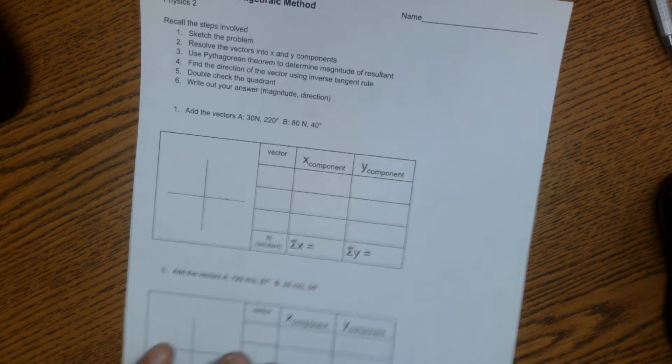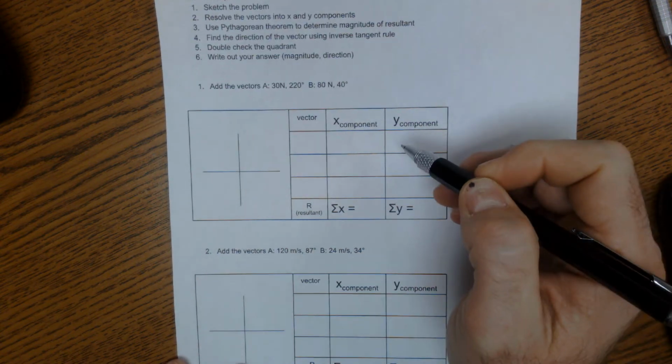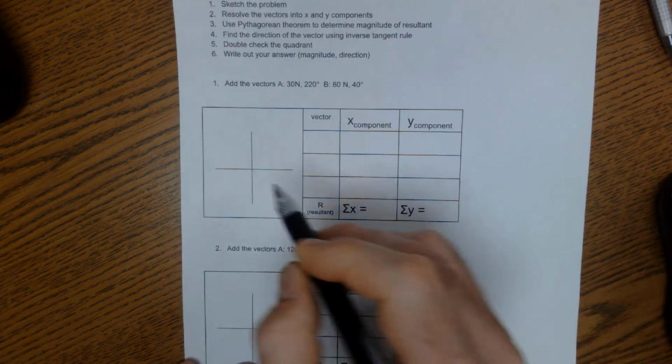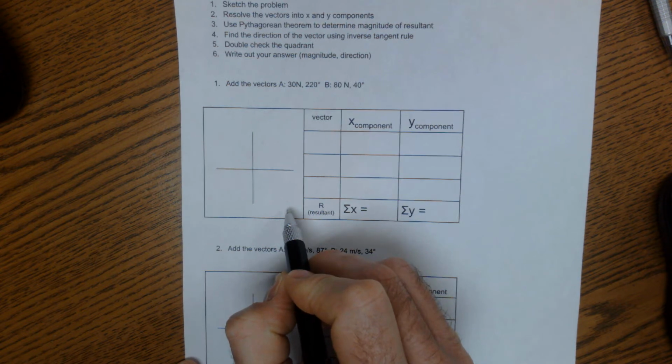Now the first problem here is a little unusual in that you'll be able to figure out the resultant without doing the components. So don't use that as a crutch, but use it as a check for yourself. The first thing I want to do is sketch this. It's 30 newtons at 220 degrees.